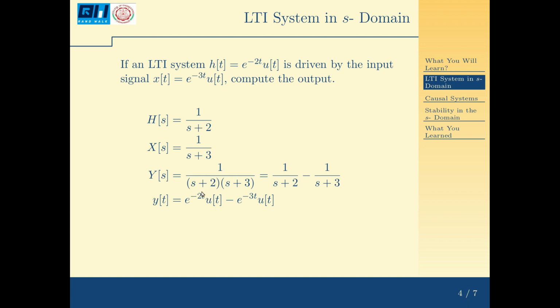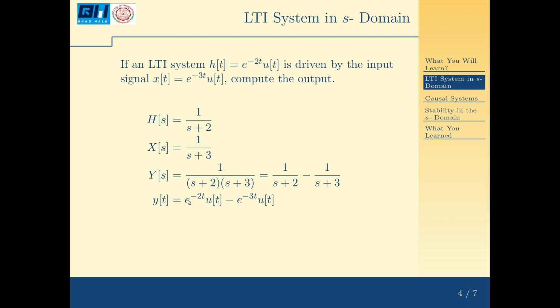Putting this into partial fractions, I have to know the residues at s plus 2 and s plus 3. So s plus 2 has a pole at s equal to minus 2, and the corresponding residue is 1 by minus 2 plus 3, that's 1. How do I compute that residue? I put s equal to minus 2 in this equation, masking this s plus 2, which is equivalent to a multiplication by s plus 2.